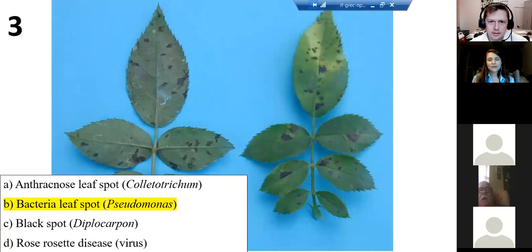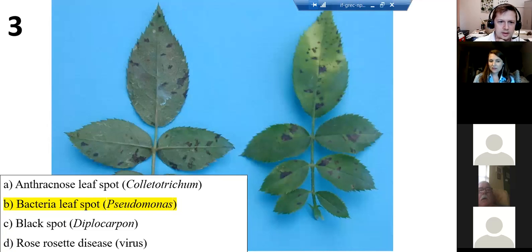Okay. Number 3, I know it was a little tricky because again we had two symptoms, and in this case it was the one caused by the bacteria Pseudomonas, and that's what John was explaining. And then also here we have a picture of the downside of the leaf too.